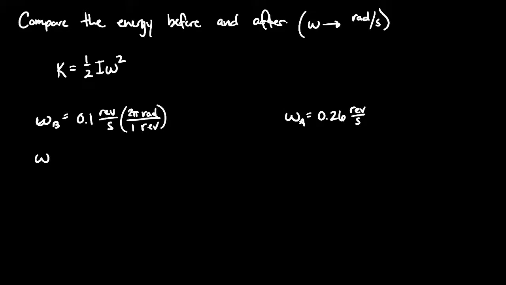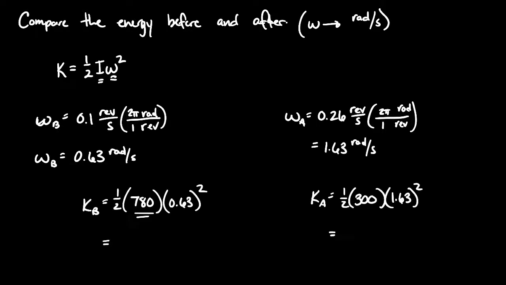So the angular speed before is going to be 0.63 radians per second. I did the easy one. You guys have to do the hard one, because I can multiply by 0.1 in my head, but I can't do this whole hard one over here. So you guys figure out the angular speed after in radians per second, and I'll take a coffee.